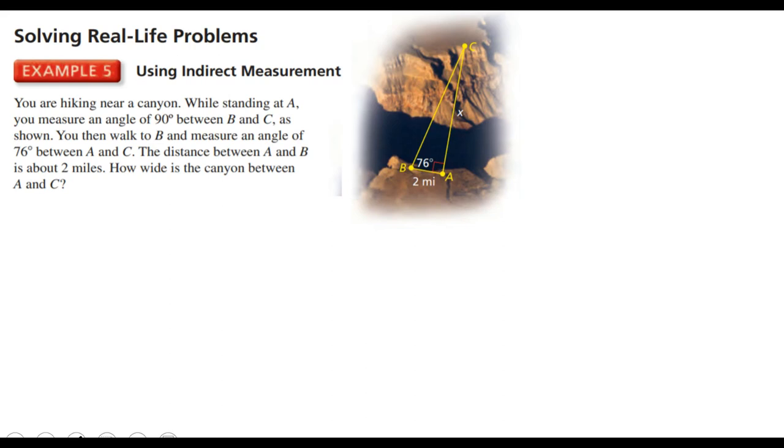So it is very obvious that the right triangle should look like that. That's your right angle. That's 2 miles. This is your problem, and that is your given theta, which is 76 degrees, right?